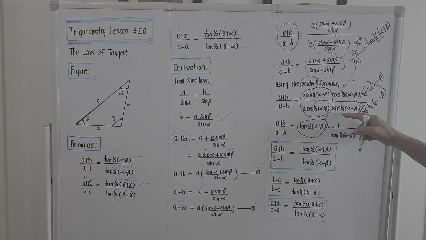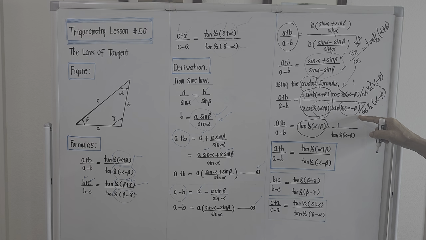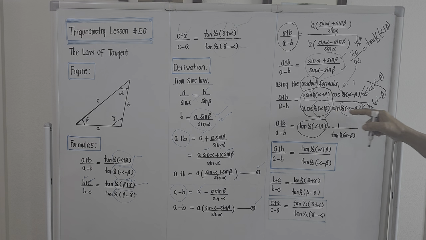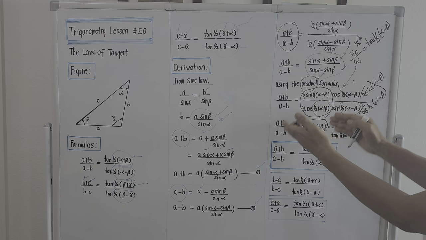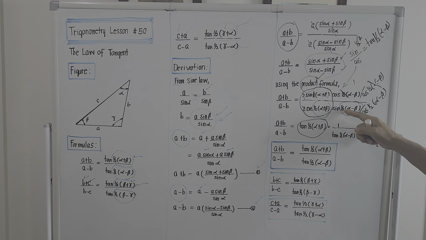Same angle. Okay? So the ratio of sine over cosine is still tangent, but this will now be the difference. So this is times 1 over the quantity tangent of 1/2 of alpha minus beta. The operation is multiplication, right? Tangent of 1/2 of alpha plus beta times 1 over tangent of alpha minus beta.